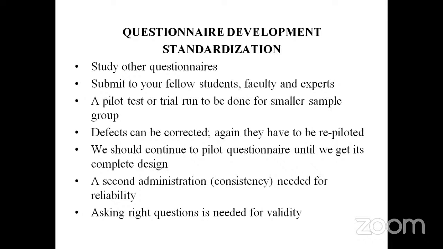Then we should continue until we get its complete design. So you have to go on piloting and re-piloting until you attain your aspiration of the correct questionnaire. A second administration is also needed for reliability.